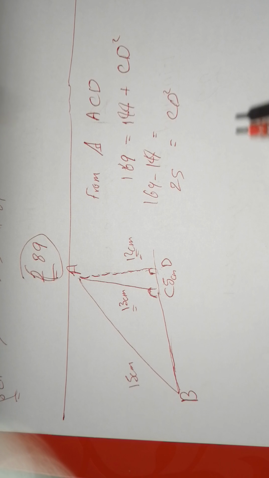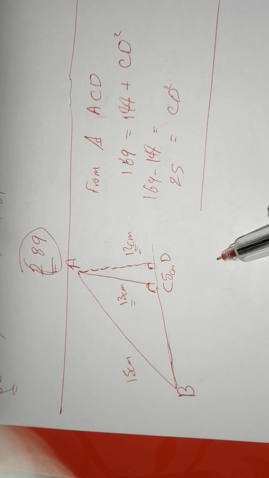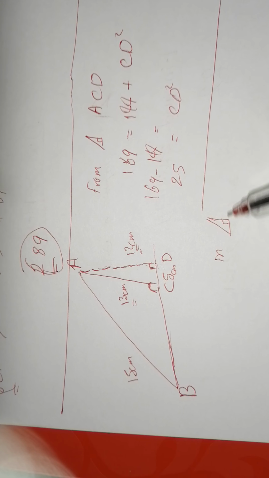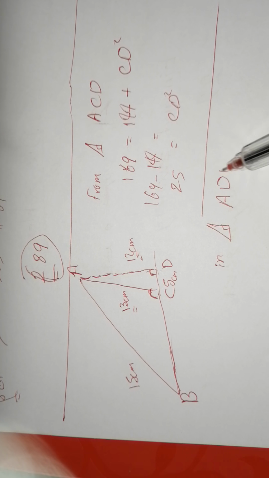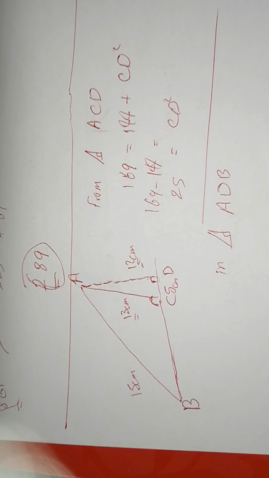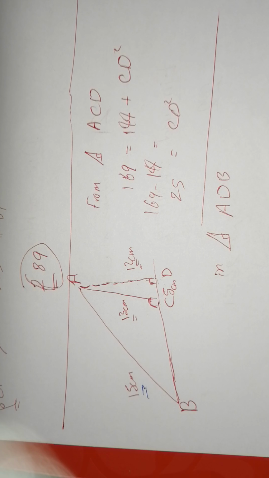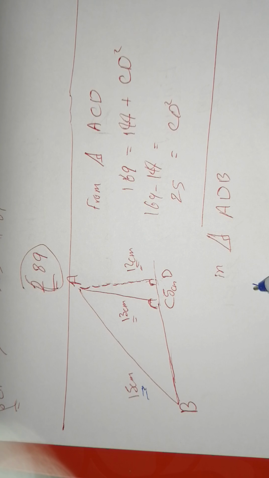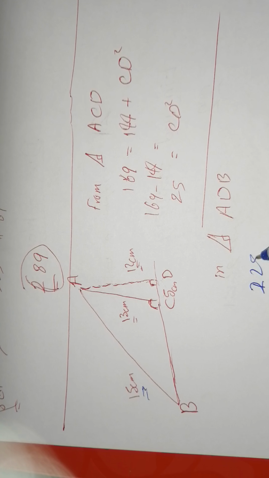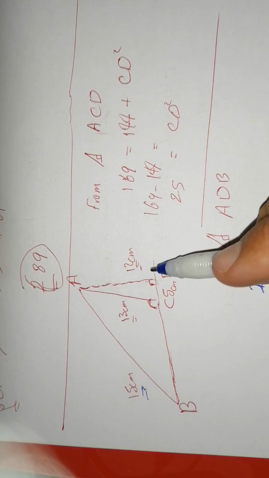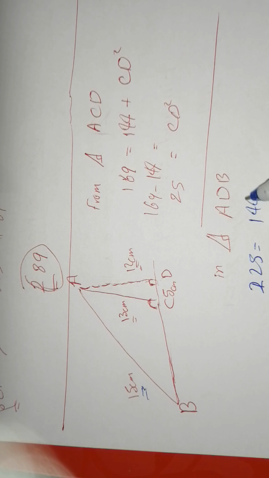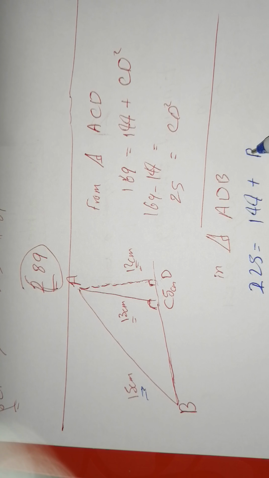The whole of BD. In the right angled triangle ADB, by applying the Pythagoras theorem, we can find that 15 squared, which is equal 225, equals 12 squared, which is equal 144, plus BD squared.